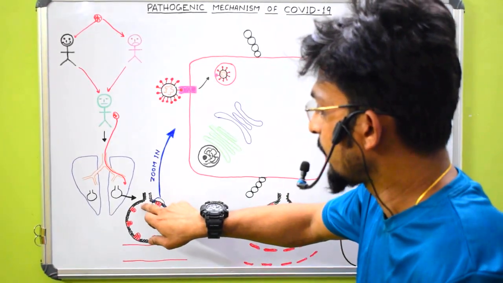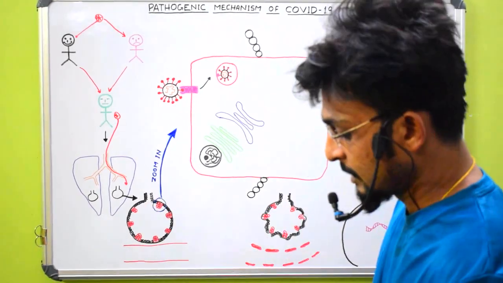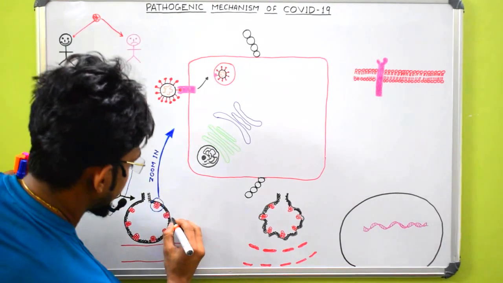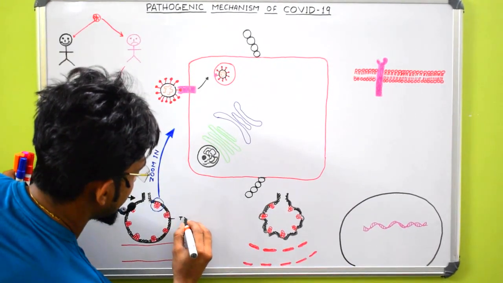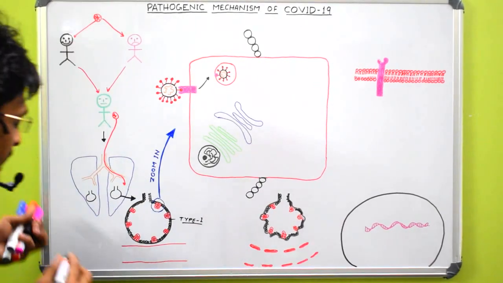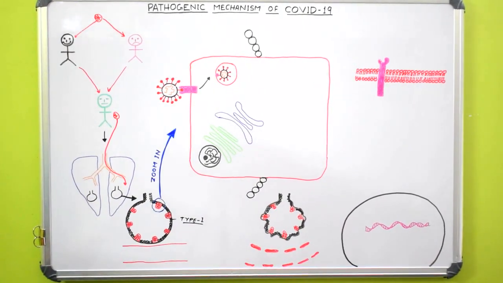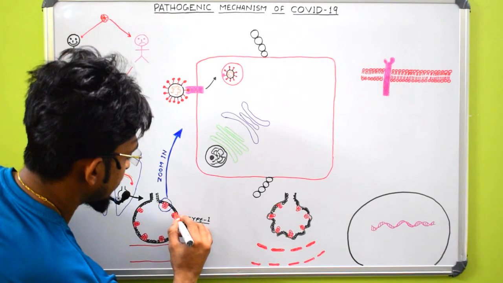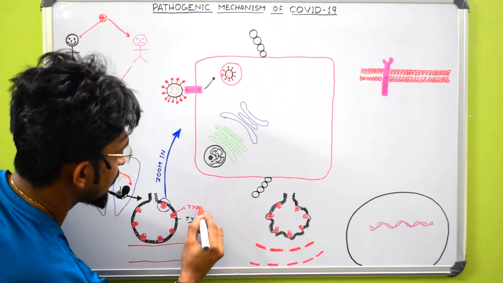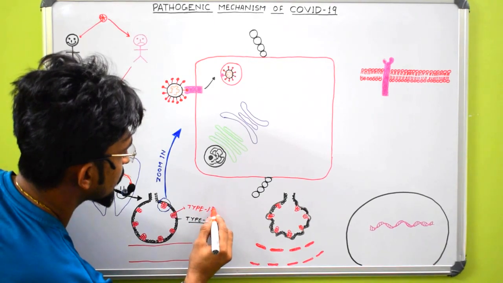The black circles are the type 1 pneumocytes, and this red cell is the type 2 pneumocyte cell.